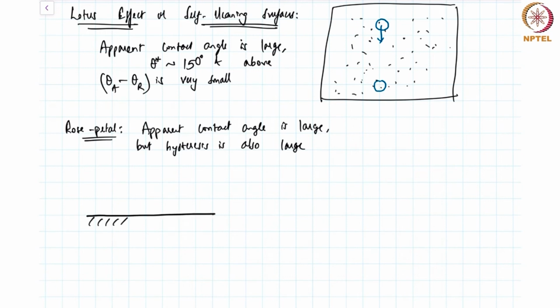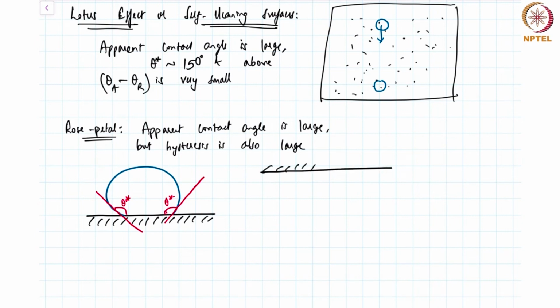You take, let's say, an idealized rose petal which is flat, then because the apparent contact angle is large, you have a droplet which is sitting on the surface, and this is the apparent contact angle theta star, and clearly it's large. But if you take the surface and invert it, I'm taking the extreme case of an invert.